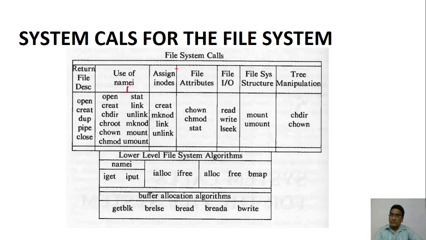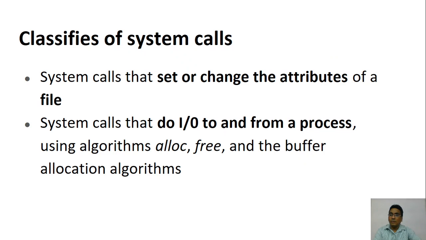There is another set of system calls that are used to assign inodes, such as creat, mknod, link and unlink. Let's look at other types of system calls. There is another classification of system calls that either set or change the attributes of a file.